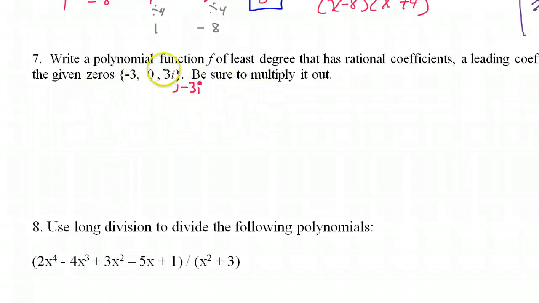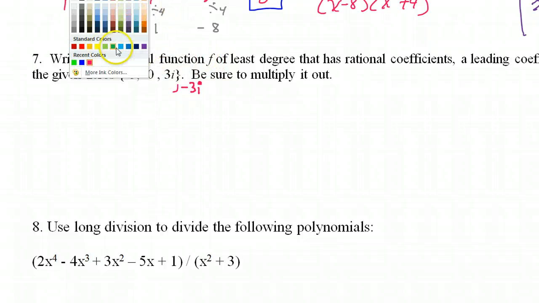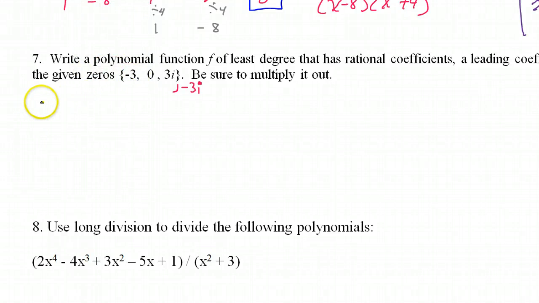And what we need to do to make a polynomial function out of this is turn these into factors. So negative 3 will give us a factor of x plus 3. 0 would give us a factor of x plus 0. But you really don't need the plus 0 part, so it's just x.